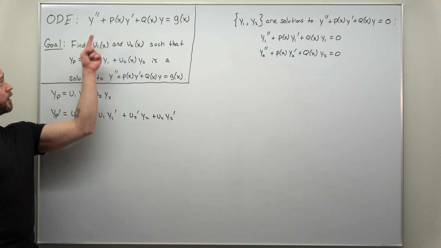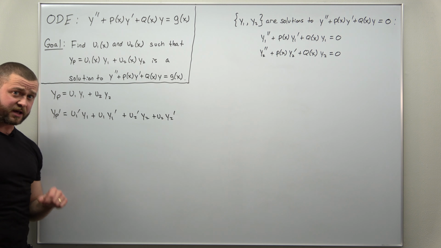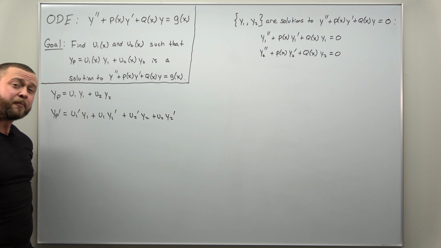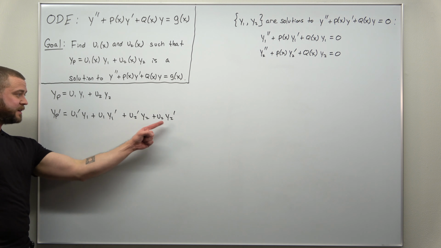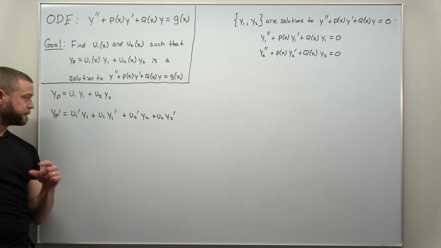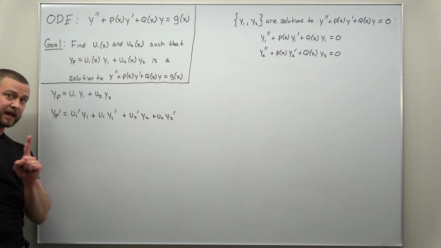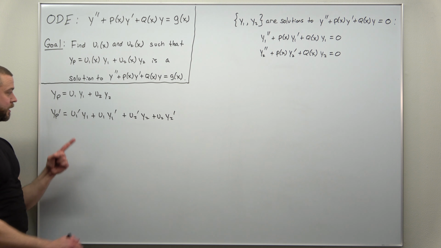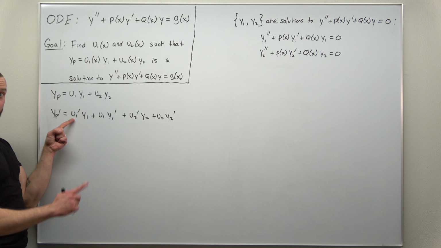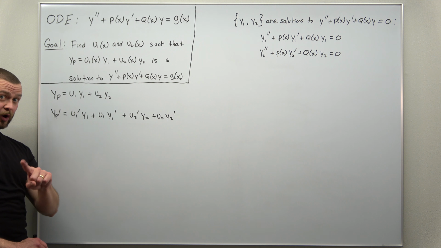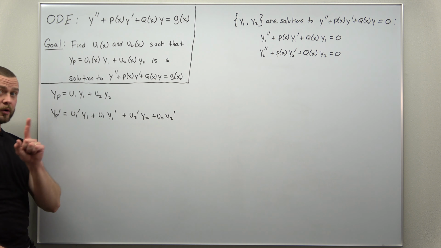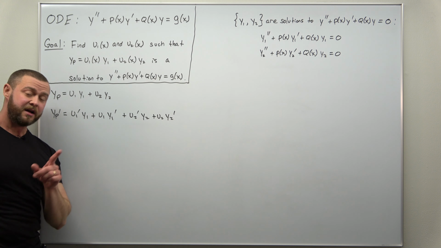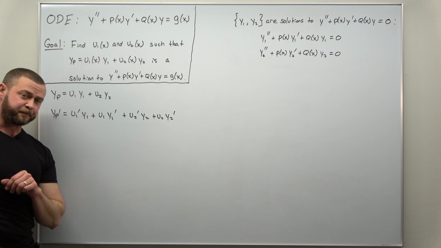Now, we're trying to solve a second order ODE, and there's an immediate problem here. If we were to leave this as is and differentiate this again to get yp double prime, notice u1 prime will be differentiated to u1 double prime, and the same thing with u2 prime. That'll differentiate to u2 double prime.